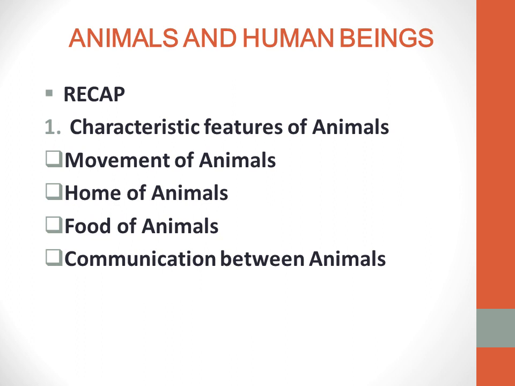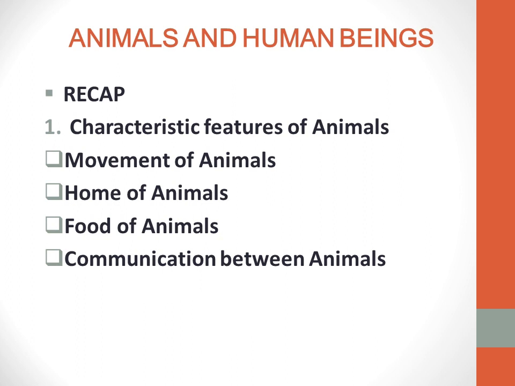How do animals move from one place to another place? The next is home of animals. It might be a natural home, or sometimes it might be a home which is made by human beings. The next is food of animals.